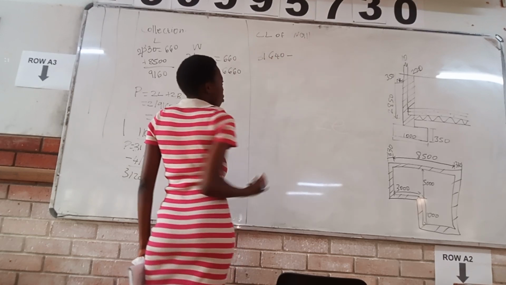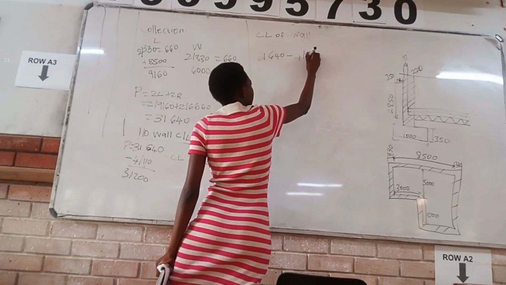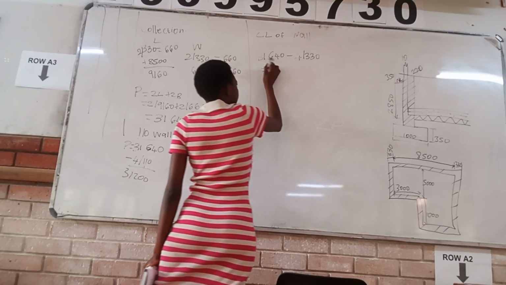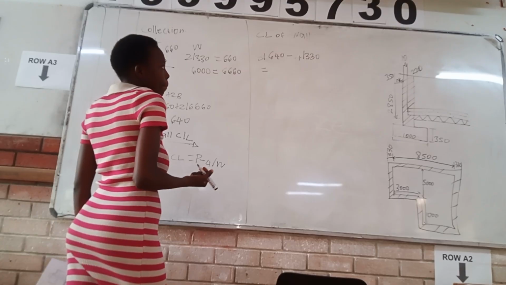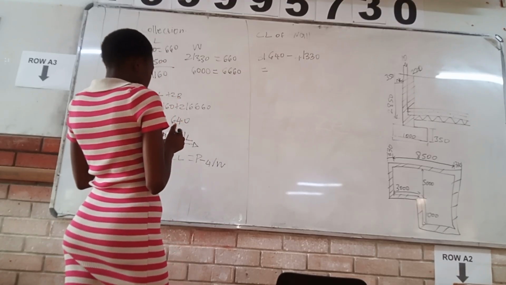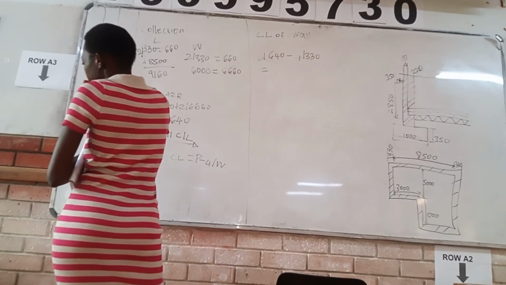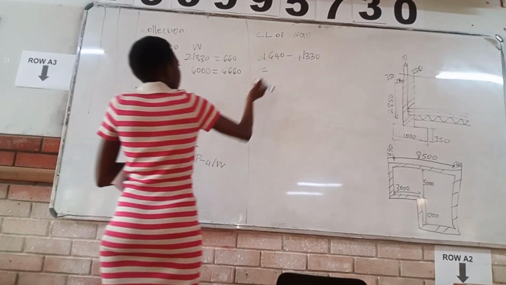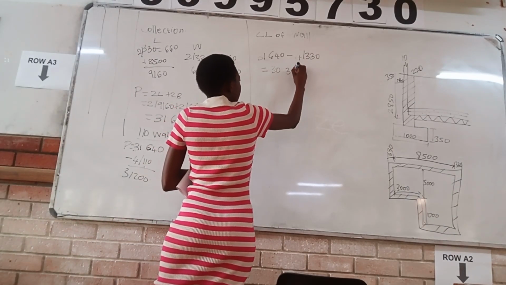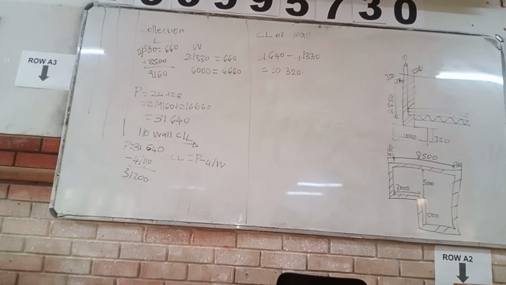What is the thickness of the wall? 31,640 minus 4 of 330. What do we get? 3320. So that is the center line of our 330 foundation wall.